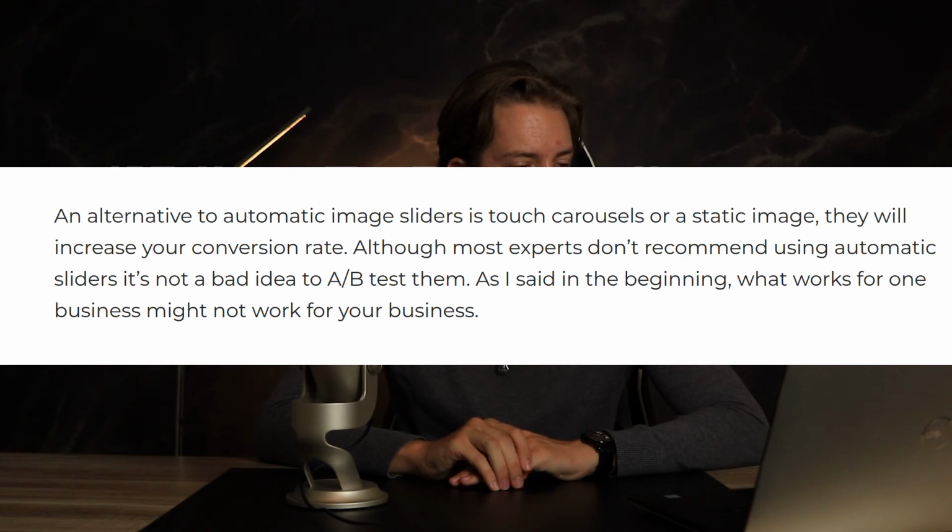They will increase your conversion rate. Although most experts don't recommend using automatic sliders, it's not a bad idea to A/B test them. As I said in the beginning, what works for someone else maybe doesn't work for you, and vice versa. So maybe image sliders work great for you. So test it.